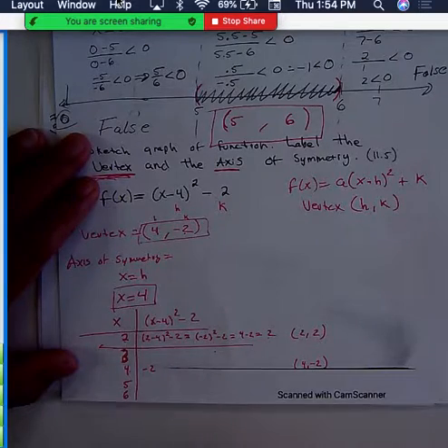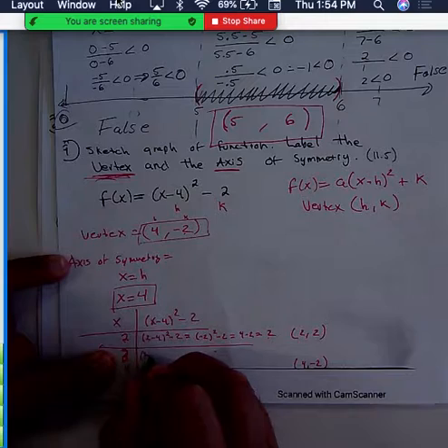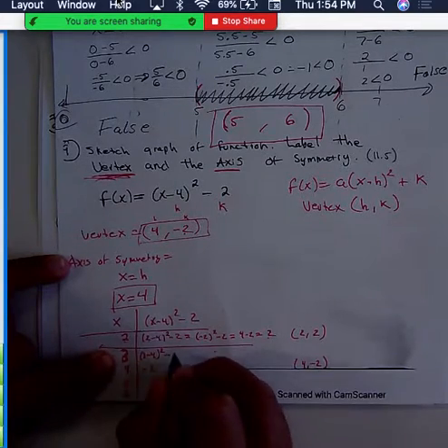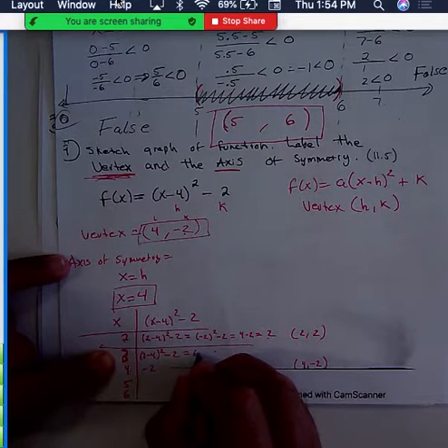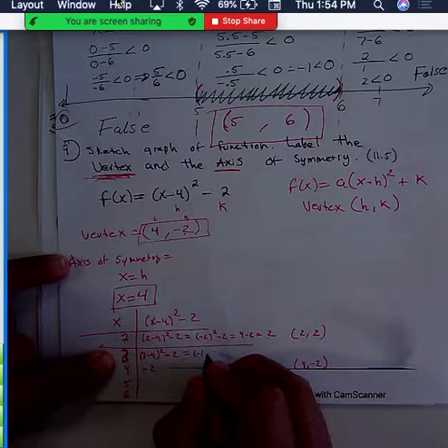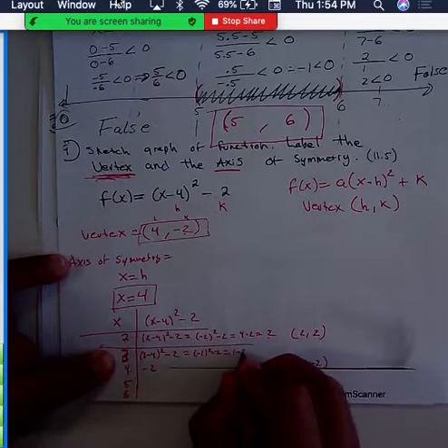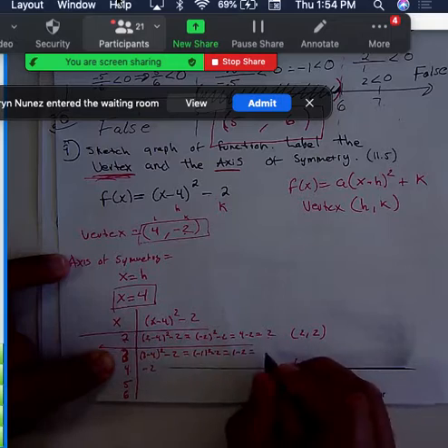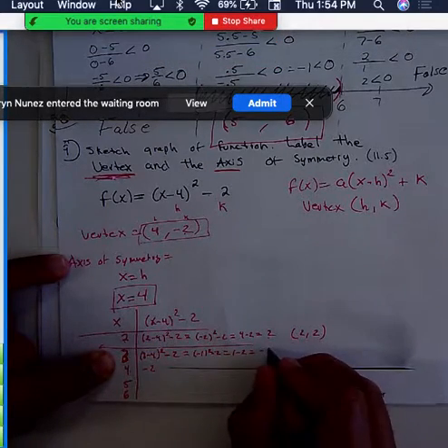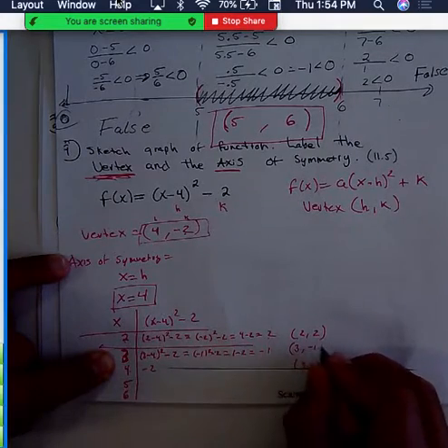Alright. Let's do 3. 3 minus 4, squared, minus 2. That is negative 1 squared, minus 2, that's 1 minus 2, which equals negative 1. So this gives me 3, negative 1.